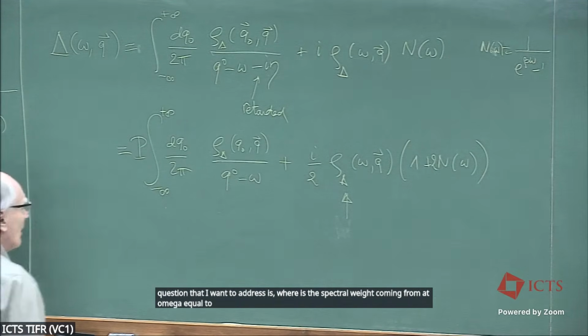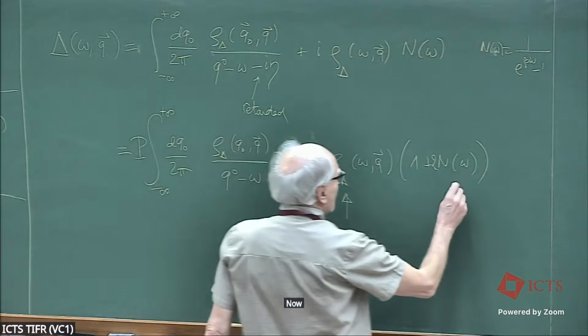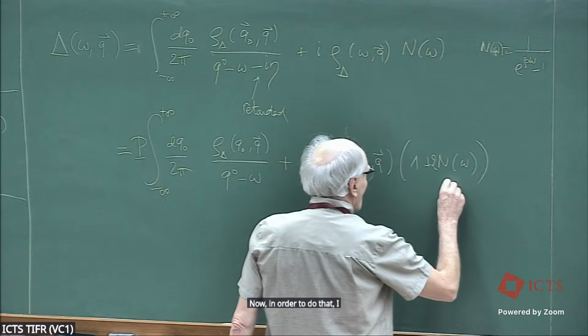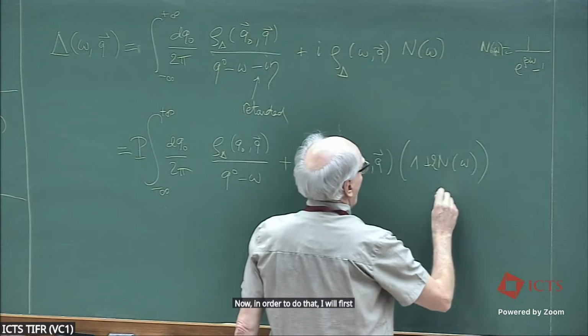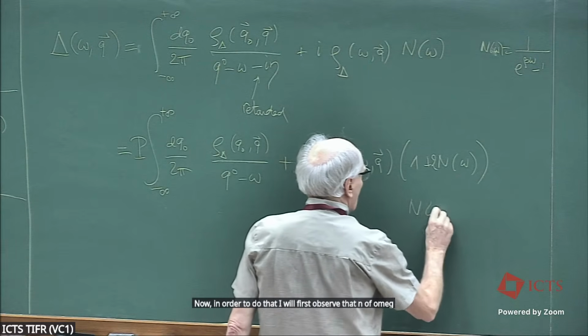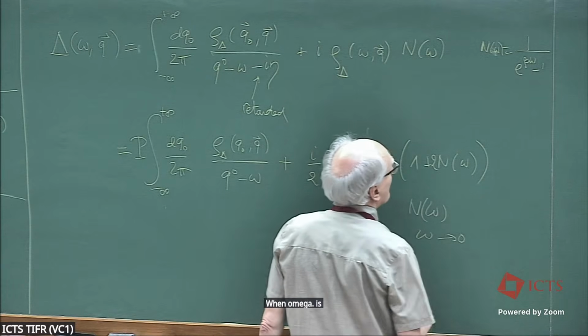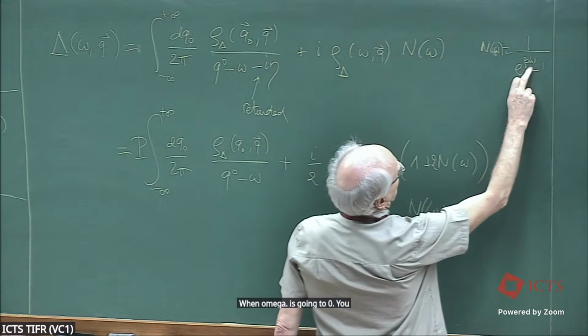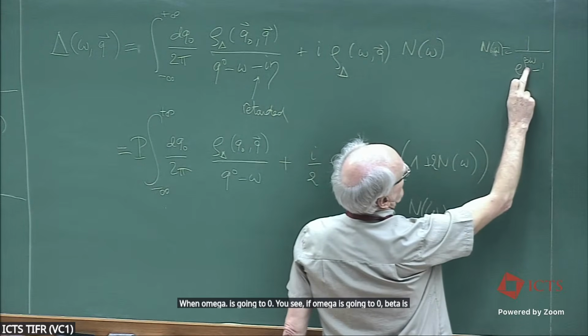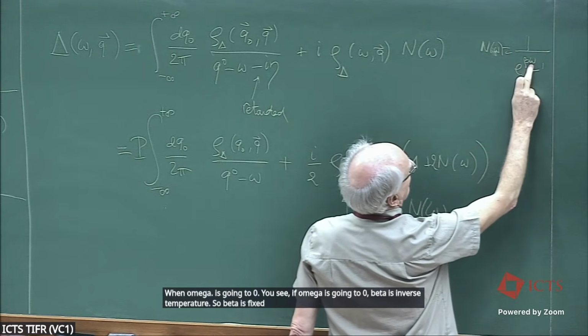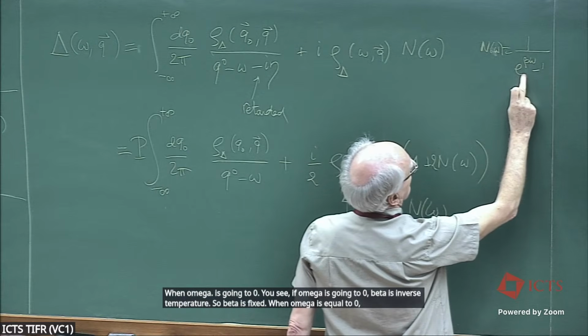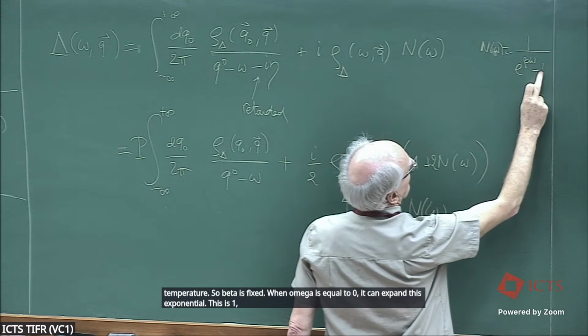0? Now, in order to do that, I will first observe that n of omega, when omega is going to 0, beta is the inverse temperature, so beta is fixed. When omega is going to 0, I can expand this exponential. This is 1, which cancels with the minus 1.